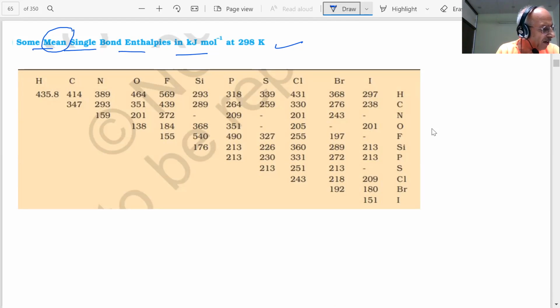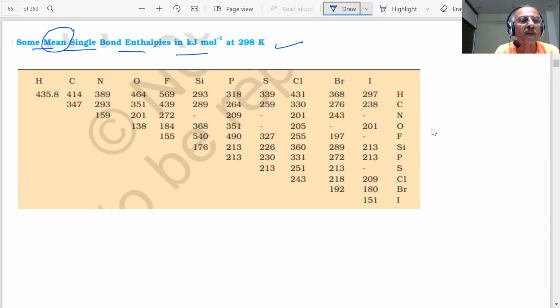Here you can see hydrogen, carbon, nitrogen, oxygen, fluorine, silicon, like this. These are in kilojoules.